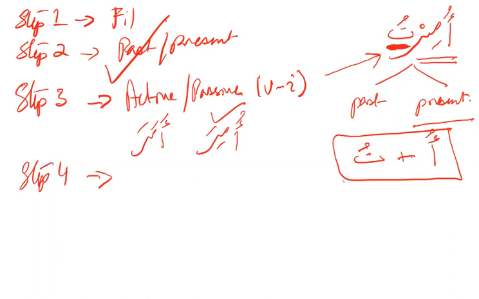Step 4: what is the inside doer? Hua, it is a part of the word. It is Ana.